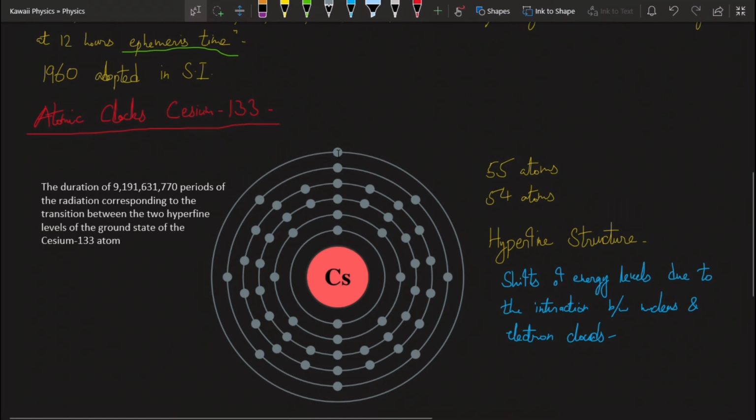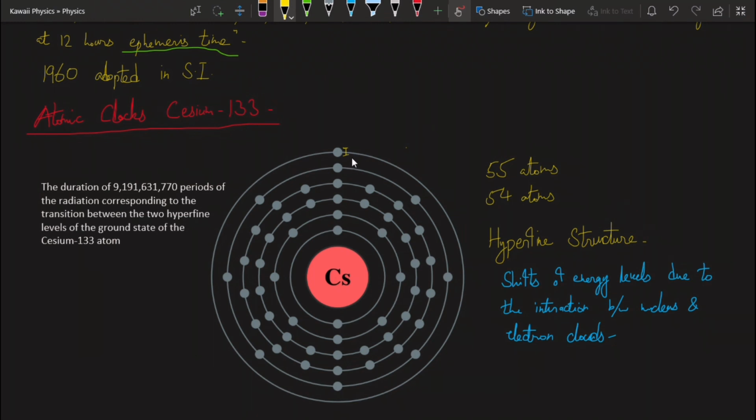So here the outermost electron, the 55th electron, has two hyperfine levels, two barely visible shifts of energy, well, you can't see an atom with the naked eye. So it says about the energy of the ground state of the cesium-133 atom. There are two small shifts of energy levels, which are two hyperfine levels.